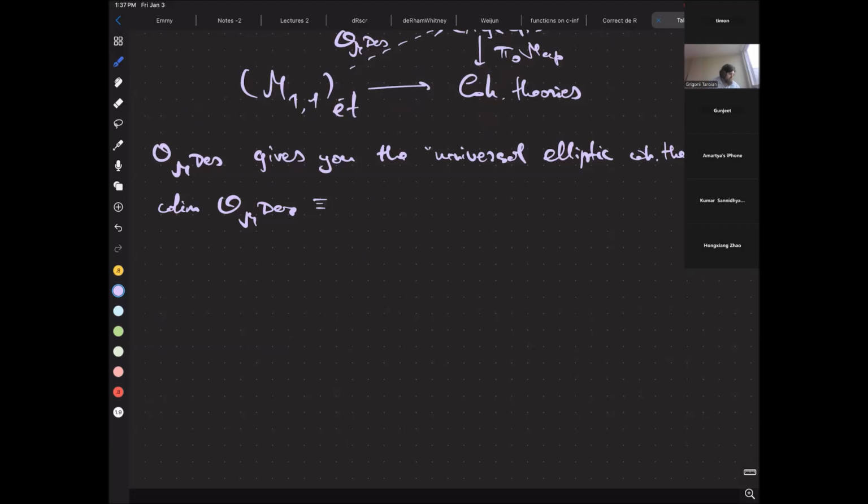So you take the colimit of this functor and you get the following cohomology theory. This is the theory of topological modular forms where you invert the primes 2 and 3. So topological modular forms with 2 and 3 inverted.